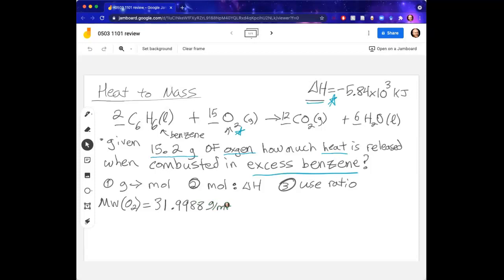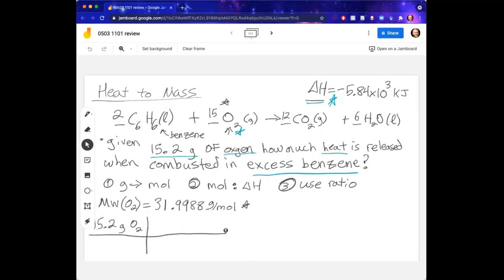Grams per mole. And remember that the molecular weight is always defined as grams per 1 mole. It doesn't matter what coefficient I have in the equation, the molecular weight is always defined grams per 1 mole. So let's do step 1. Step 1 involves converting from grams to moles. So we're going to start with 15.2 grams of O2 and set up our little train tracks.